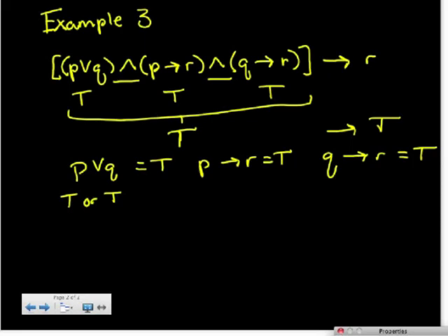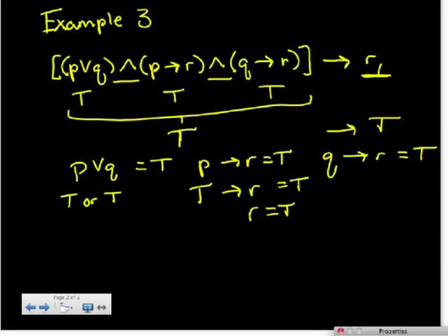So we're going to start with assuming that P is true. If P is true, then we come to our second statement. Then we have true implies R equals true. For this statement to be true, then R must be true, which shows that our final statement up here is also true, which would be the end of our proof.